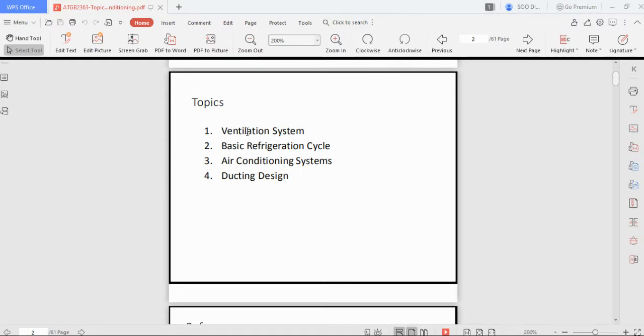So ventilation system is basically your window. It's basically having wind blowing into your room and replacing the air inside the room with the outside air, either through mechanical or natural means.